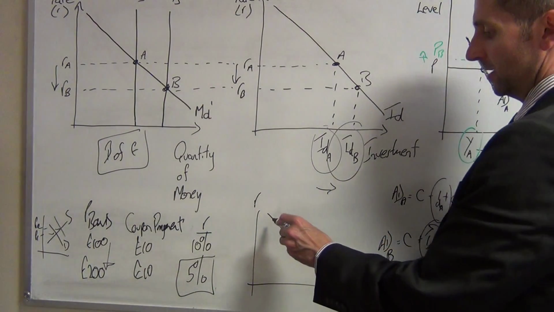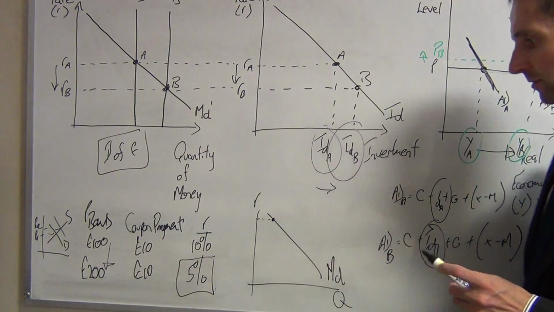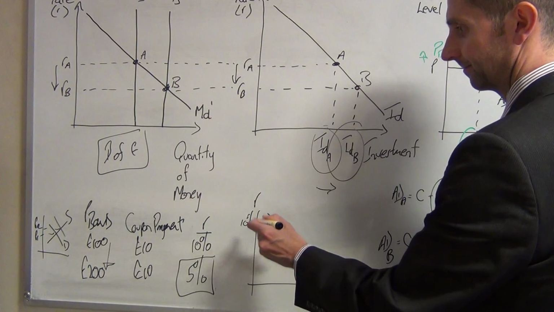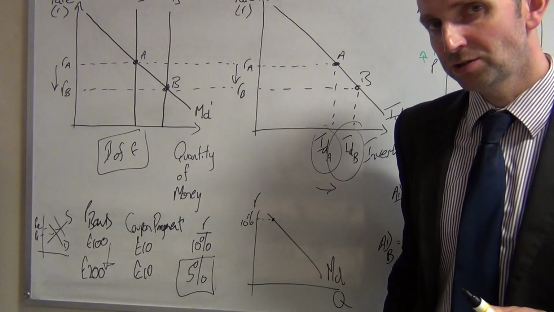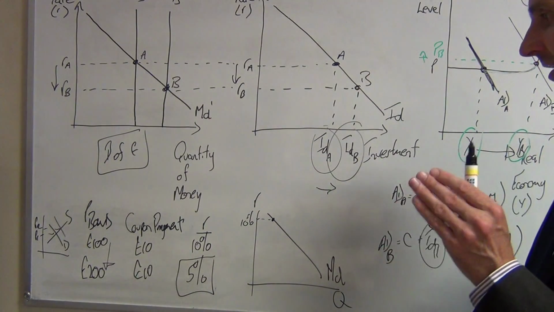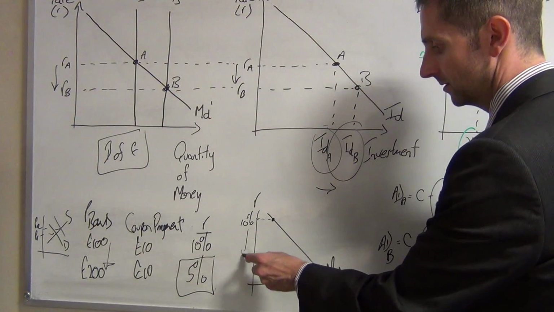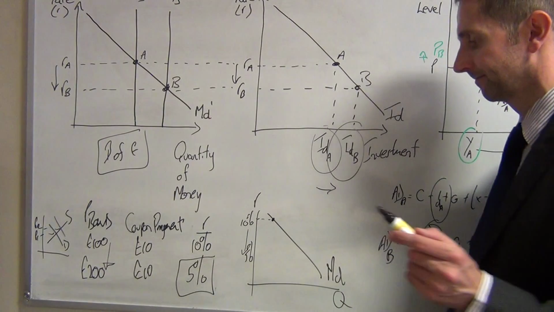So let's assume that the interest rate was up here. So we've got a high interest rate. So let's say it's 10% here. Well, if the interest rate is 10%, which is pretty high really, what would people's expectations be? People would expect that at some point in the future the interest rate is going to fall. So it may fall, as we've got here, to 5%.